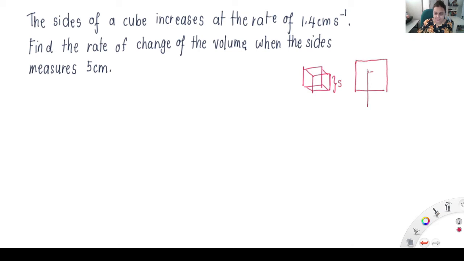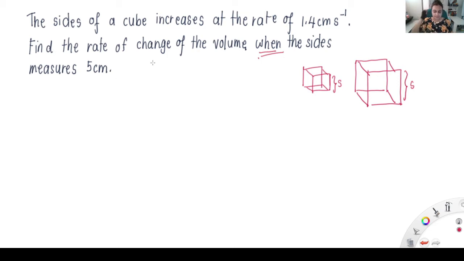So that's why this is called changes. The change that's happening here is the sides are becoming bigger. Now find the rate of change of the volume when the side measures 5 centimeters.